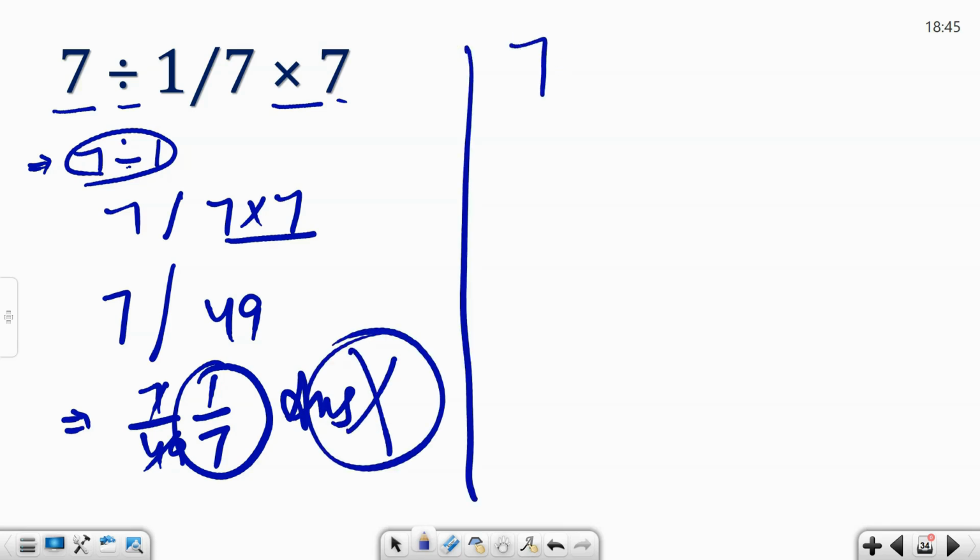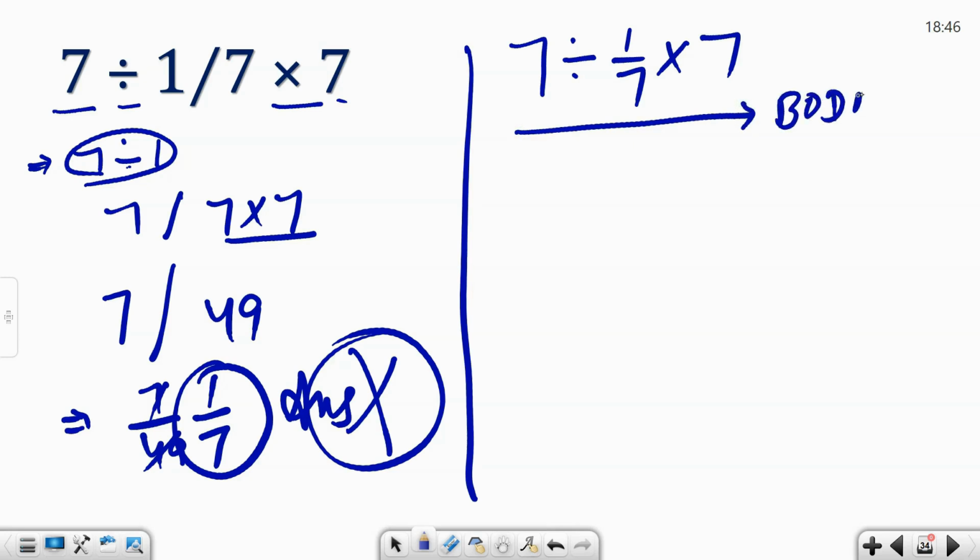Now, let's write the question correctly. 7 divided by 1/7 times 7. In math questions like this one, we must always follow the BODMAS rule. In the BODMAS rule, if there is both division and multiplication, we look from left to right and give first priority to whichever comes first and second priority to the next one.